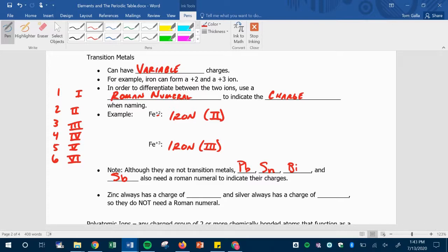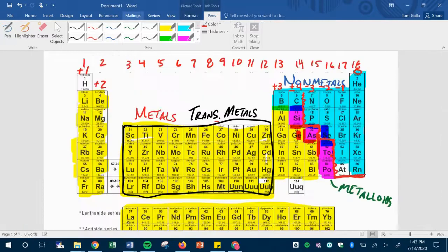Now, a couple exceptions to these rules include zinc, which always has a charge of plus 2, and silver, which always has a charge of plus 1. One of the ways that I like to remember this, if we're looking at our periodic table here, aluminum, because of where it is, always has to form a plus 3 charge.